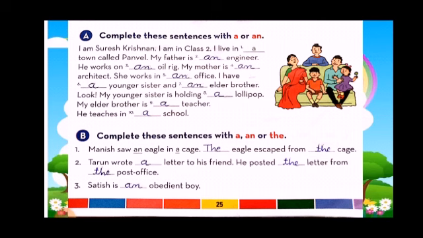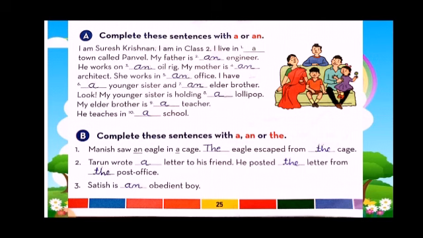Students, here we used article AN because the word engineer begins with vowel sound E. He works on an oil rig. Here the word oil begins with vowel sound O, so we used article AN.